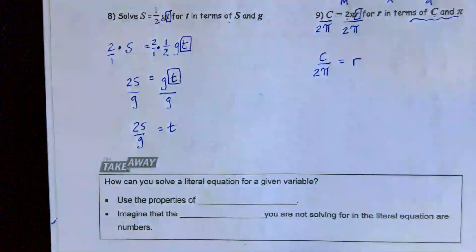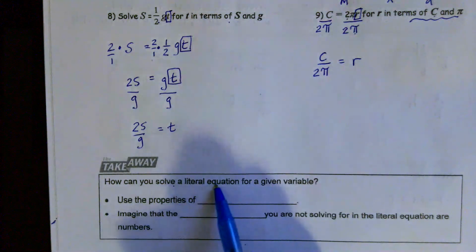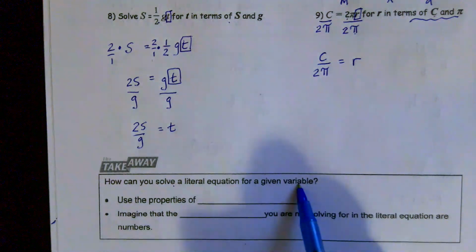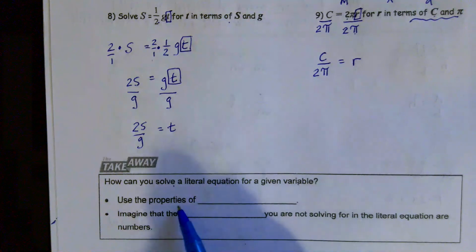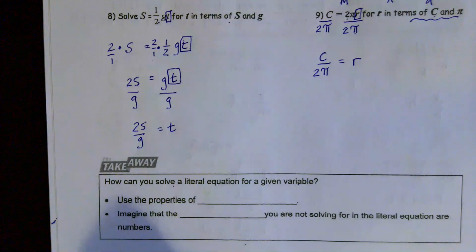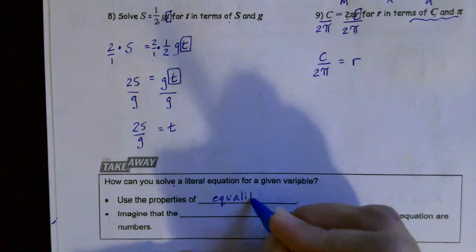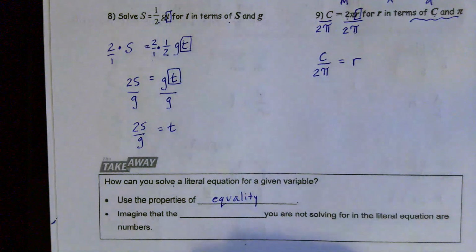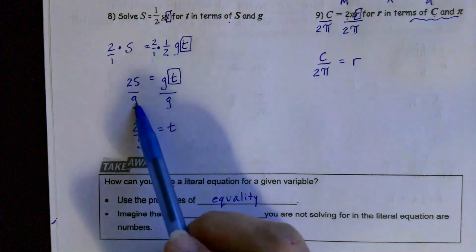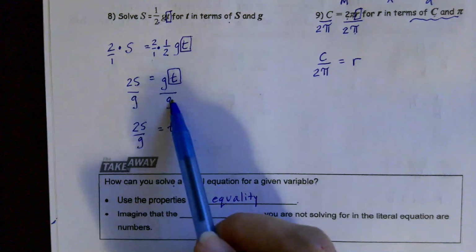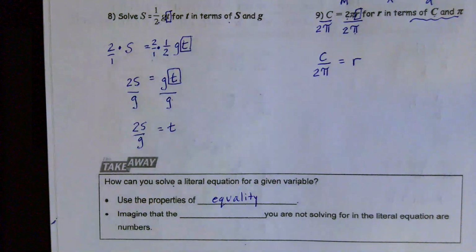Okay, let's take a look at the takeaway. To synopsize, how do we solve a literal equation for a given variable? We're going to use the properties of equality. Whatever you do to one side, you do to the other. In this case, I divided this side by g, and I'm dividing this side by g. Division property of equality.